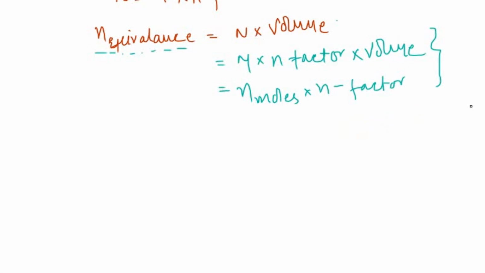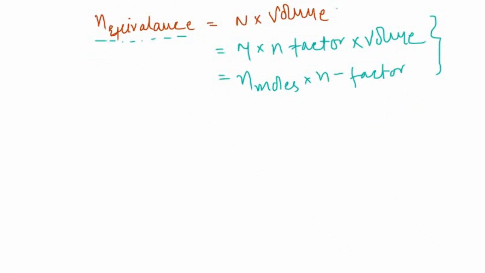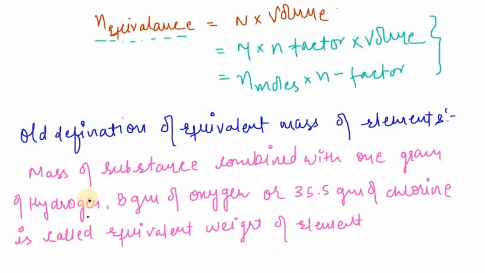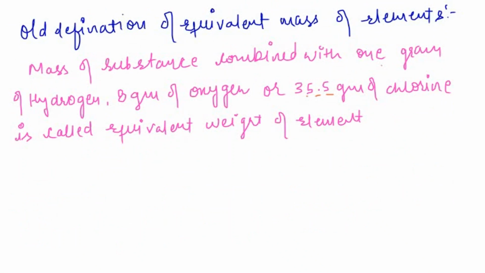Now this is the definition we have seen for the equivalent mass of a substance. Now let's look at the old definition of equivalent mass of an element. The mass of a substance that combines with either 1 gram of hydrogen, or 8 gram of oxygen, or 35.5 gram of chlorine is called the equivalent weight of the element.